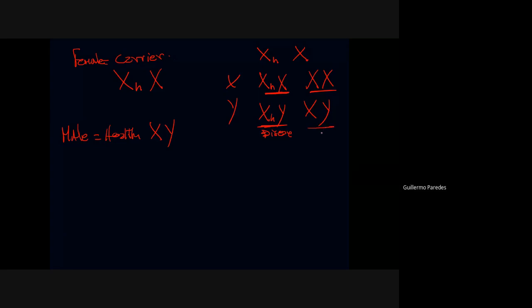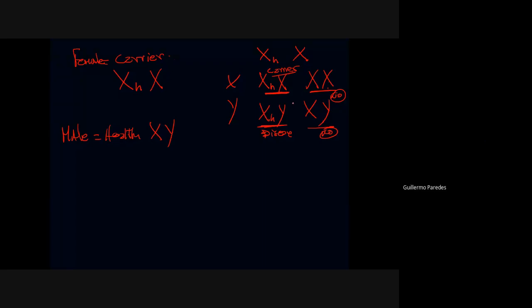And this is normal again. Normal, normal. And that is a carrier. So they are going to ask you, how many carriers are in the kids? The chance is 1 in 4, so 25% chance to have a carrier. What is the chance to have normal? For all kids, 50% normal, 2 out of 4.